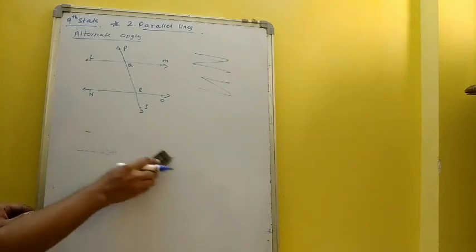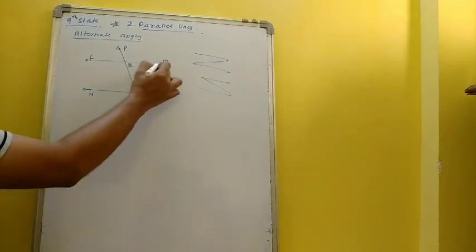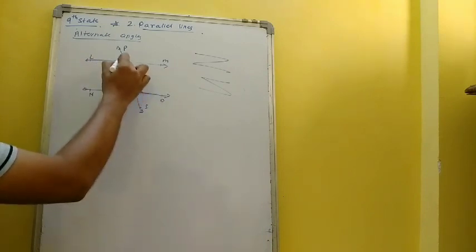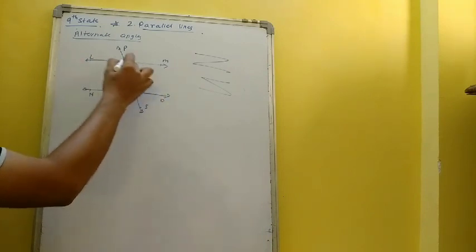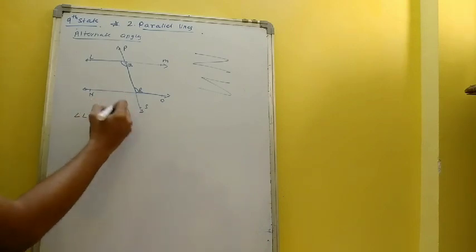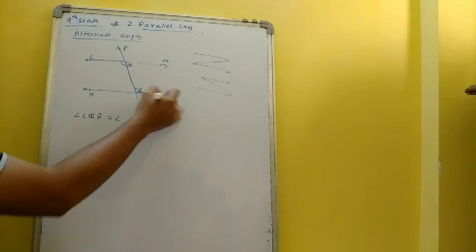So the angles forming Z over here are this angle and this angle, that is angle LQR is equal to angle QRO.